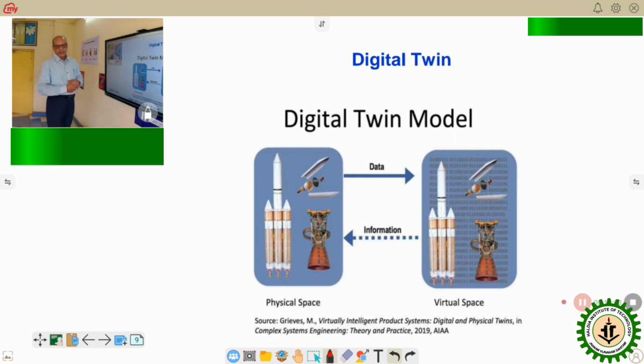So this is the picture which completely depicts the theme and gives a deeper insight into this digital twin: how data transfer takes place between the physical object and the cyber world, and how to create the corresponding virtual twin or digital twin.